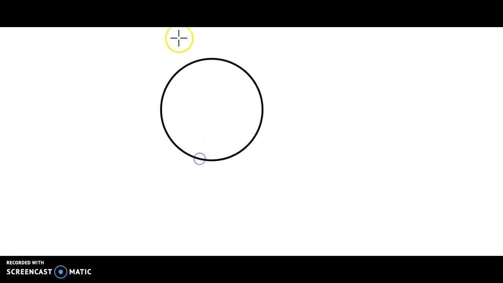So basically, if you have a circle, such as this, let me just go ahead and give us a radius. So let's say the radius is 3 meters. That's the radius of our circle. So the area equals pi.